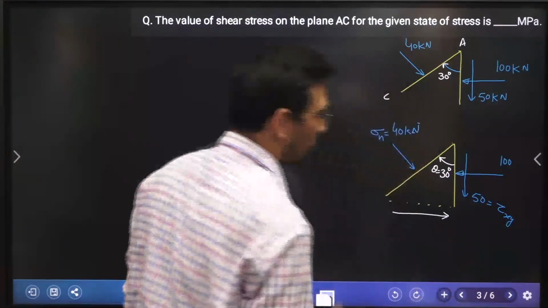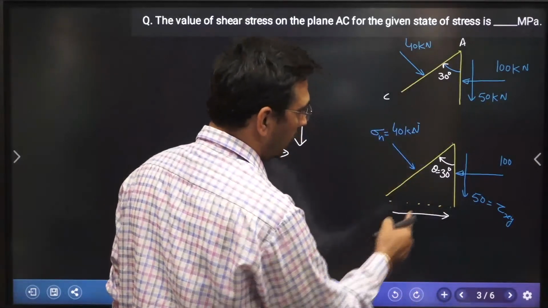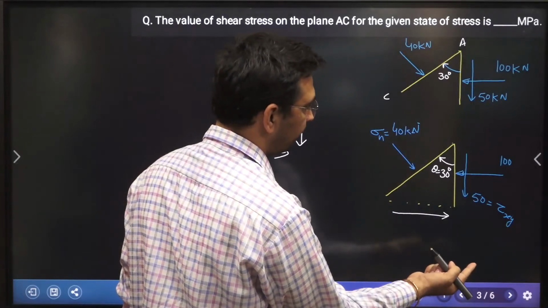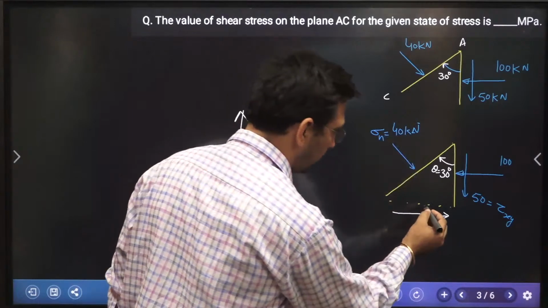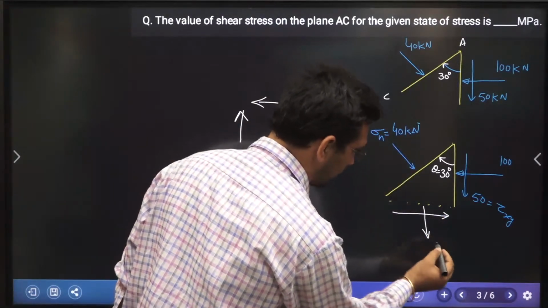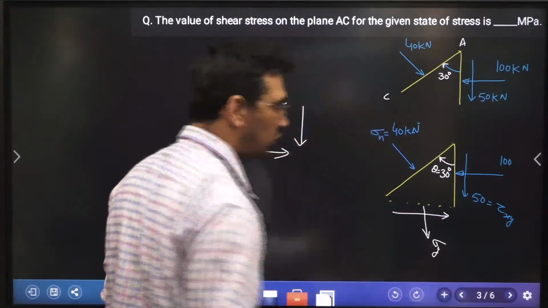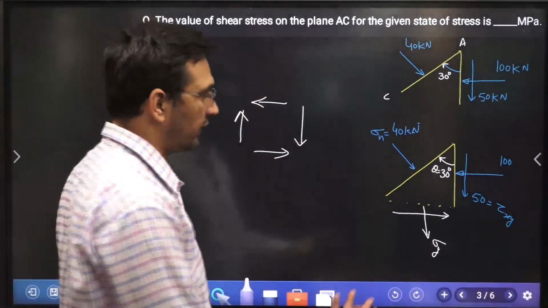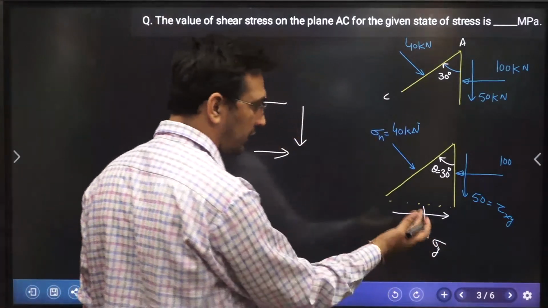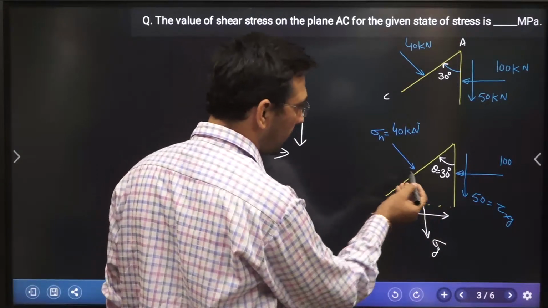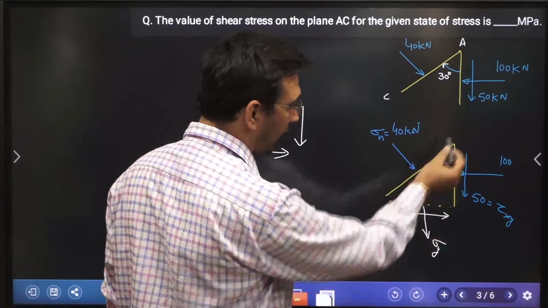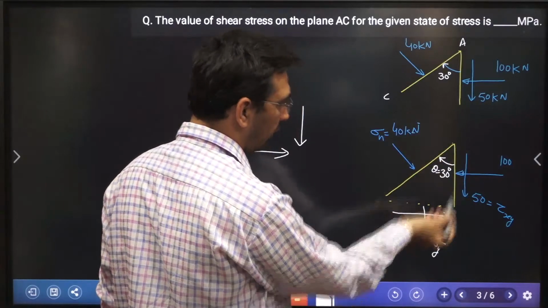You are having tau xy, which is 50, and I don't know sigma y. Let us assume that this sigma y is tensile. I have assumed it, right? So if it turns out positive, it means it was correct. If it turns out to be negative, then I will say it is acting as compressive over here. Same way, now what I need to do, I have almost simplified it now in my own version.